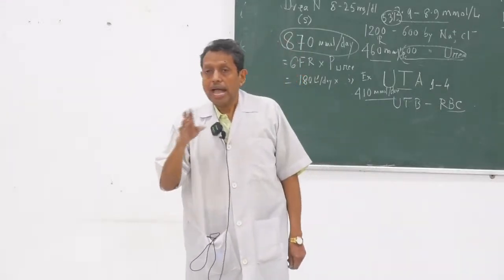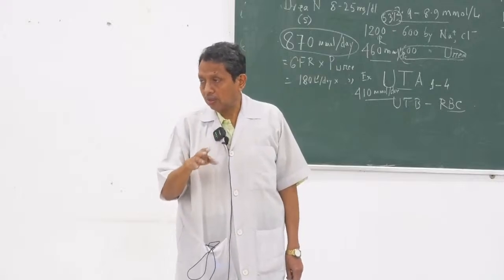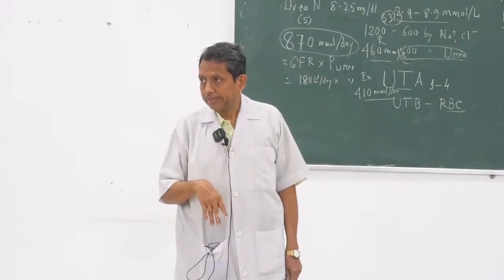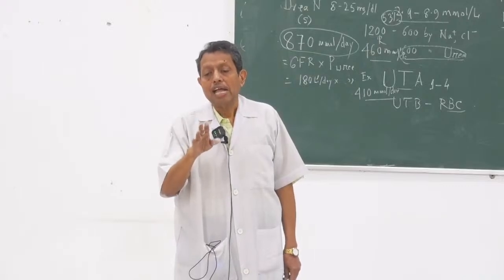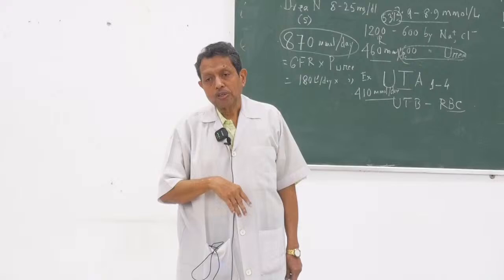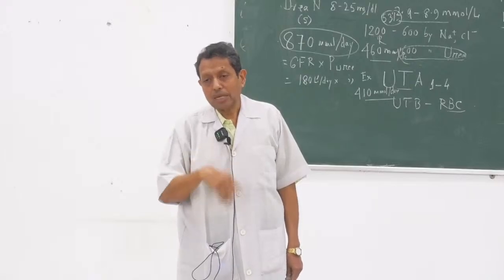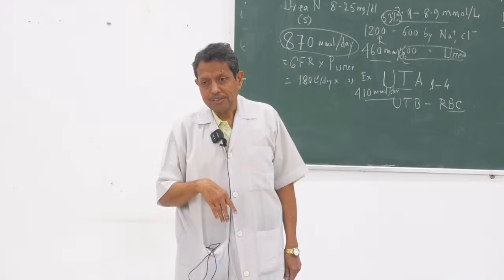Antidiuretic hormone acts upon the distal nephron, the collecting tubule, the collecting duct. In the absence of ADH, a huge amount of water can be excreted, as in complete diabetes insipidus.